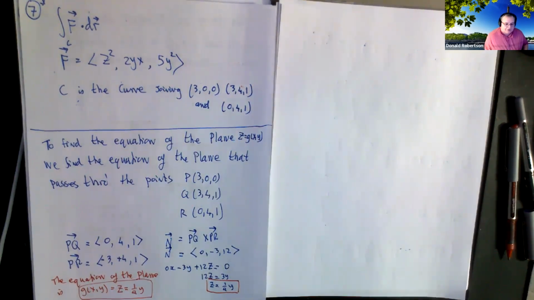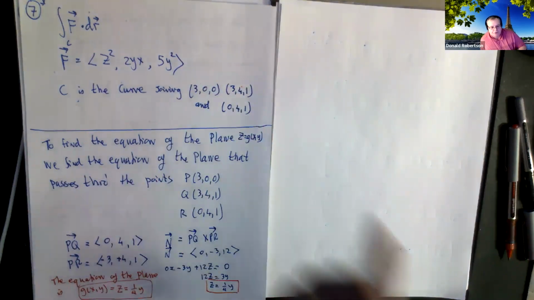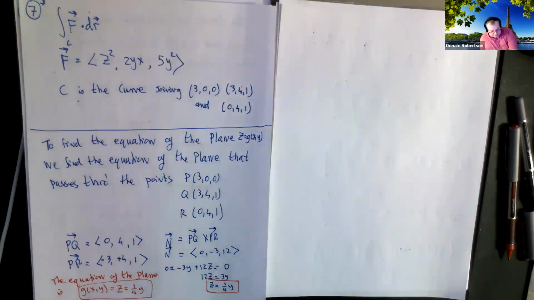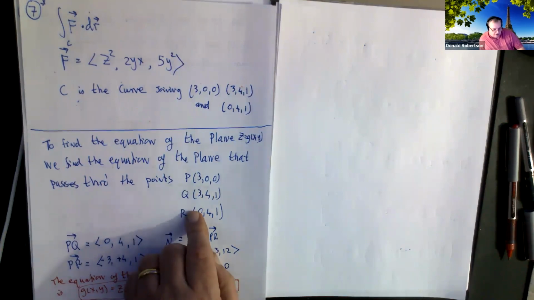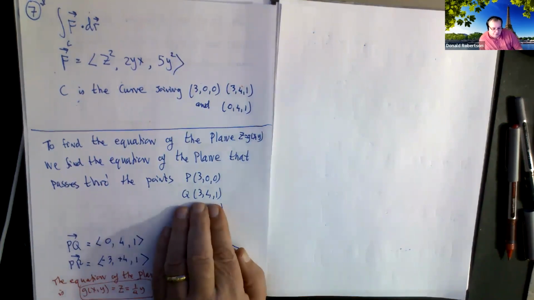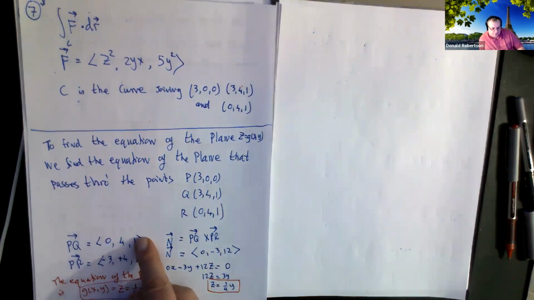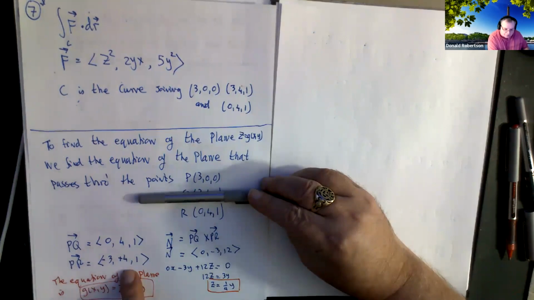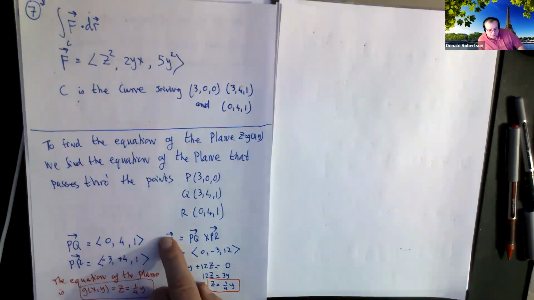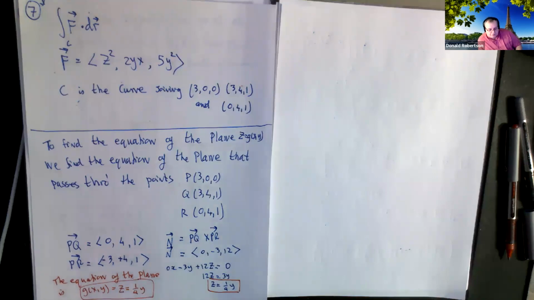So the first thing we have to calculate is the equation of the surface, the plane. I know it's a plane because if you pass through 3 points, you make a triangle, and that triangle is embedded in some three-dimensional plane. I'll call this point P, this Q, and this R. I find the vector joining P to Q, and the vector joining P to R. I then find the normal by doing the cross product of these two, and you just trust me that it's this.